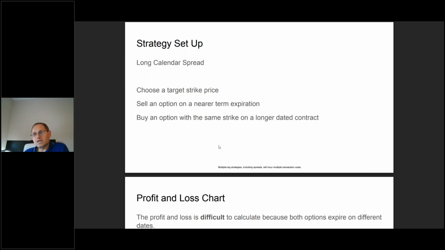That's why it's a calendar spread. You're doing the time difference. In our examples, we're going to look at a long calendar spread. So the long calendar spread means you're buying the longer term option and selling the shorter term option on the same strike.